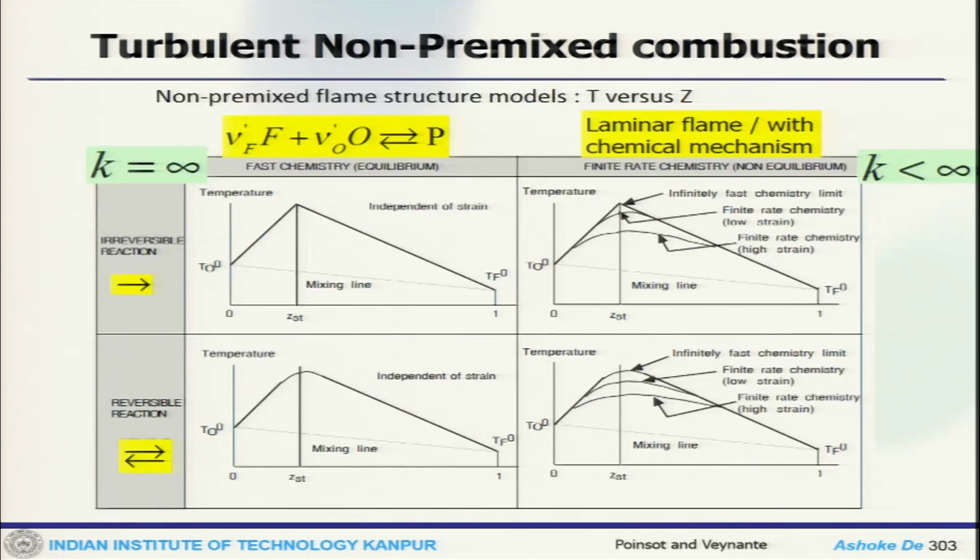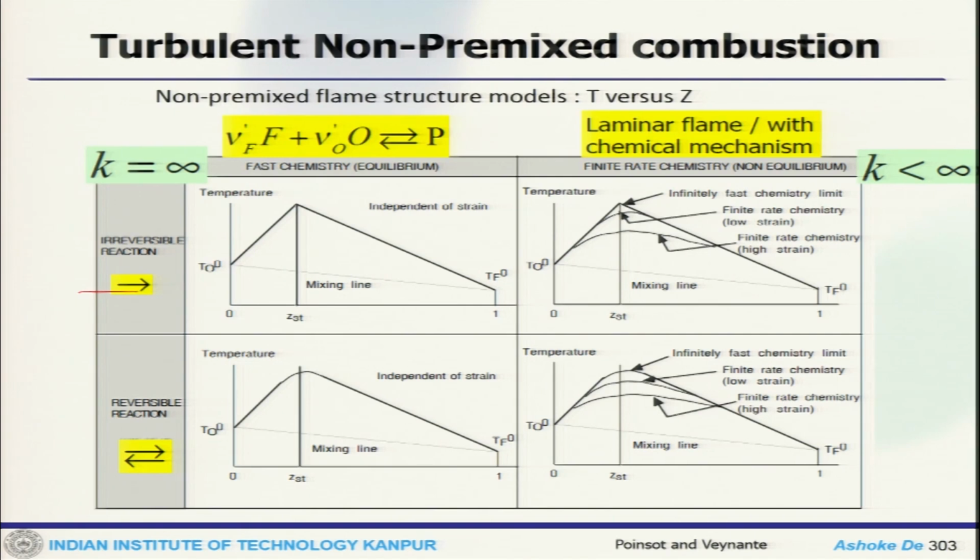Now moving ahead, we already have looked at this, where you have a single step chemistry, it could be reversible or non-reversible, and if we just consider the reversible case, you have two limits. One is the fast chemistry limit, where it will immediately become equilibrium.